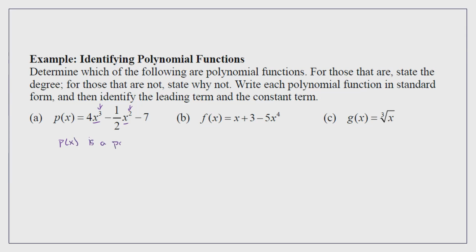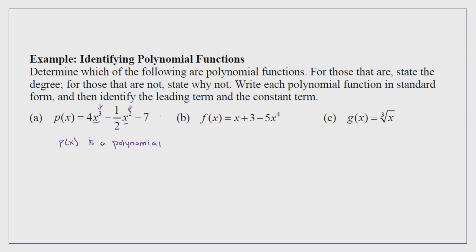is a polynomial. And since it's a polynomial, our direction tells us that we need to write each polynomial in standard form and then identify the leading term and the constant term. So this is written in standard form already because the powers are in descending order.